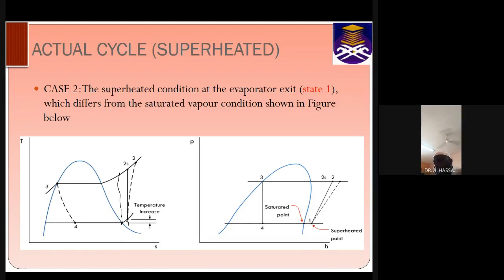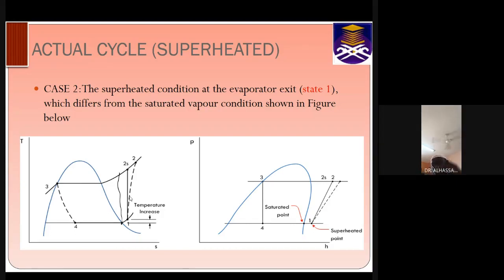This is for real life situations: the fluid has to enter the compressor at a superheated state so that we are 100% sure that the fluid entering the compressor is always gaseous. It means there is an increase in temperature.